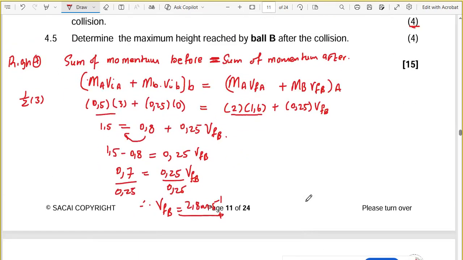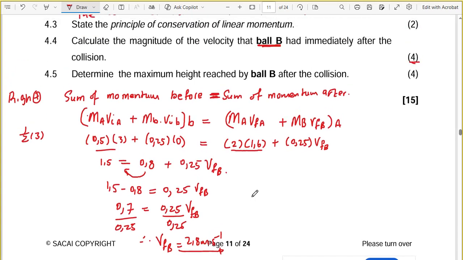The next question says that they want you to determine the maximum height reached by ball B after the collision. So you know what I'm going to do? I just want to give you a quick exam tip.